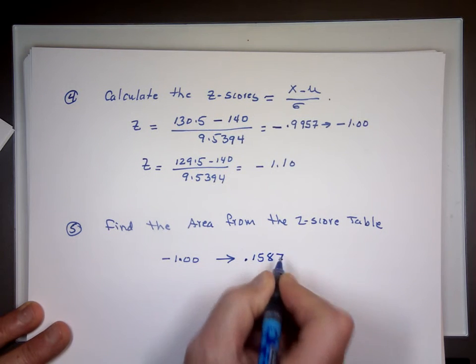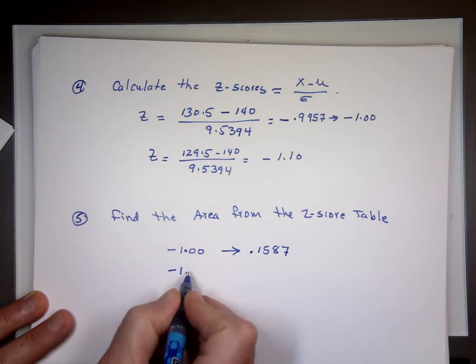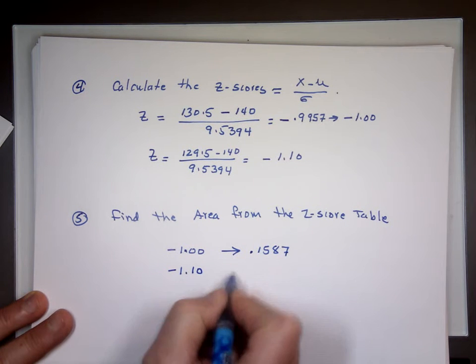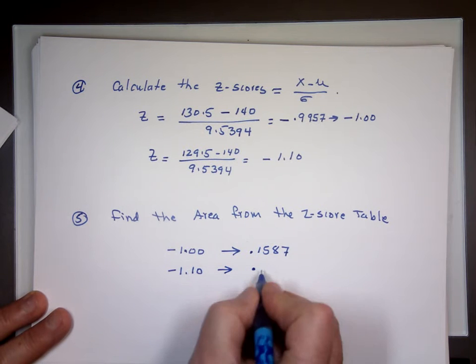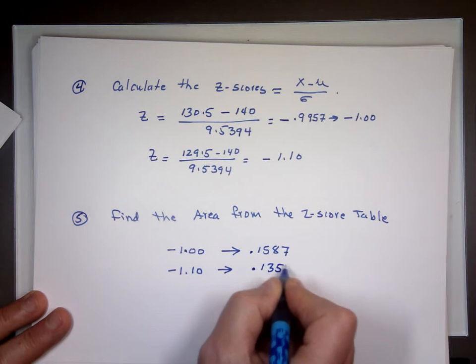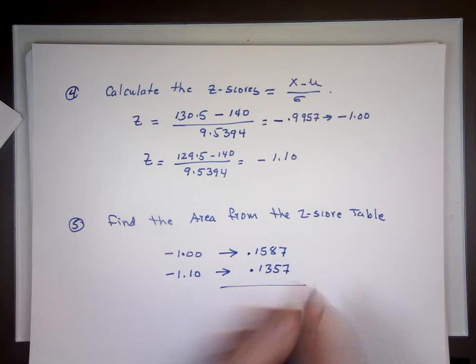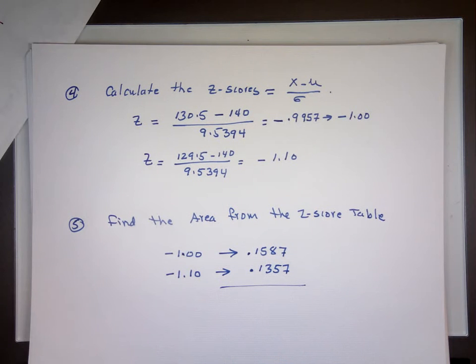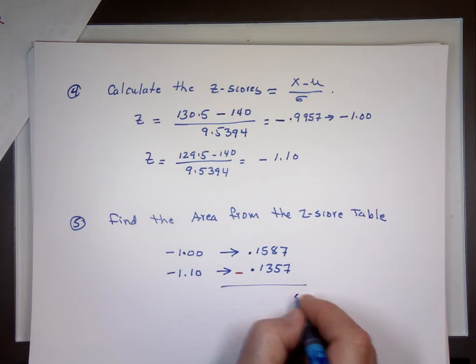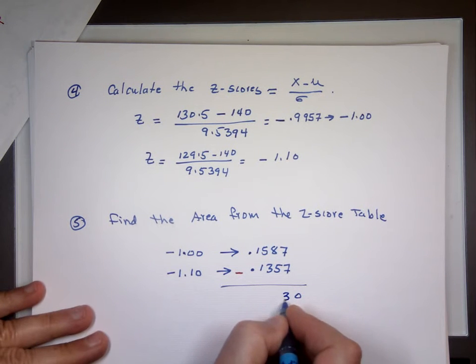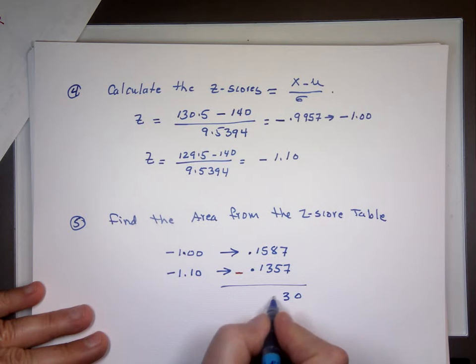And let's look at the negative 1.10. And what do we do with the numbers? Subtract the two numbers. 7 from 7, 0. 5 from 8, 3. 3 from 5, 2. 1 from 1, 0.